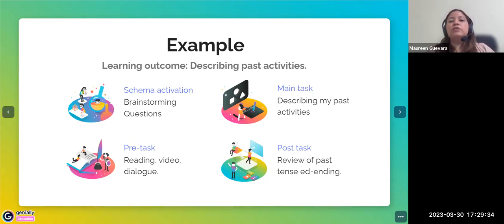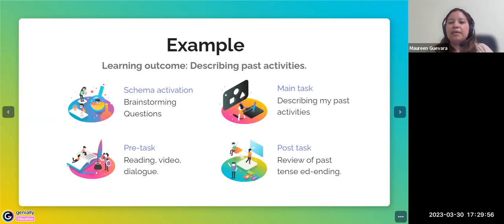And then they try to explain to the rest of the class what they did. Why? Because remember that during the main task, it is more like independent work. It is more about what they know about the language in this moment, or how they are using the input that they received during the pre-task.